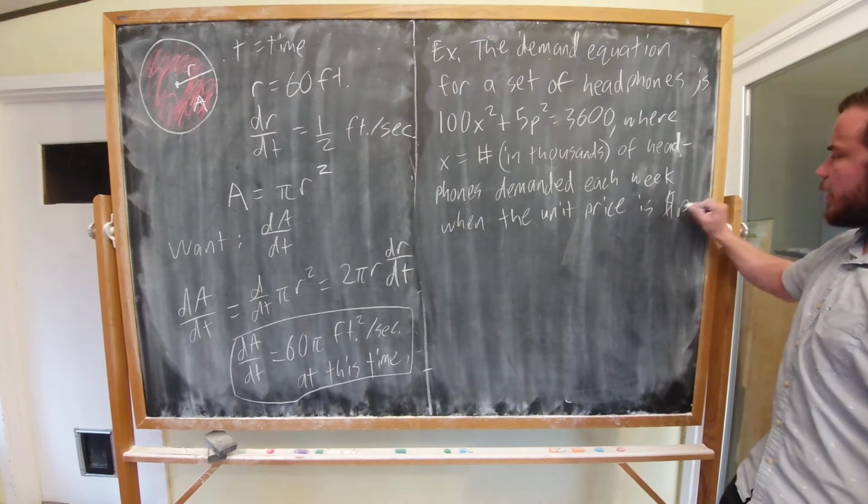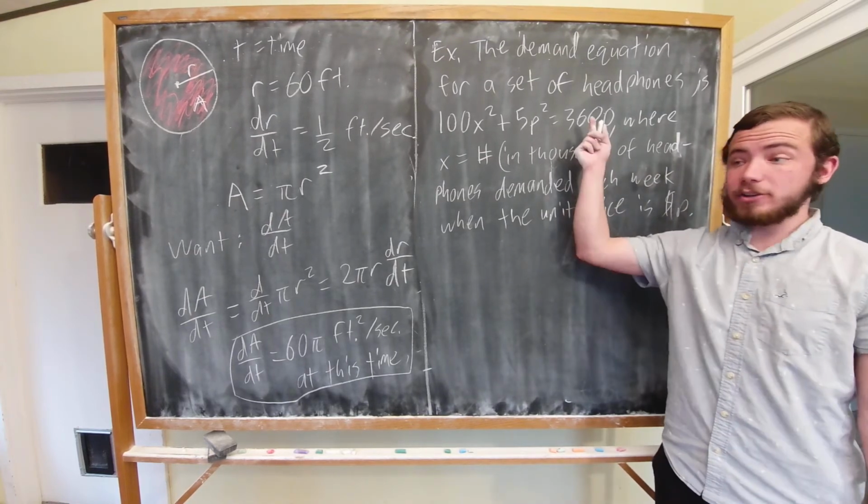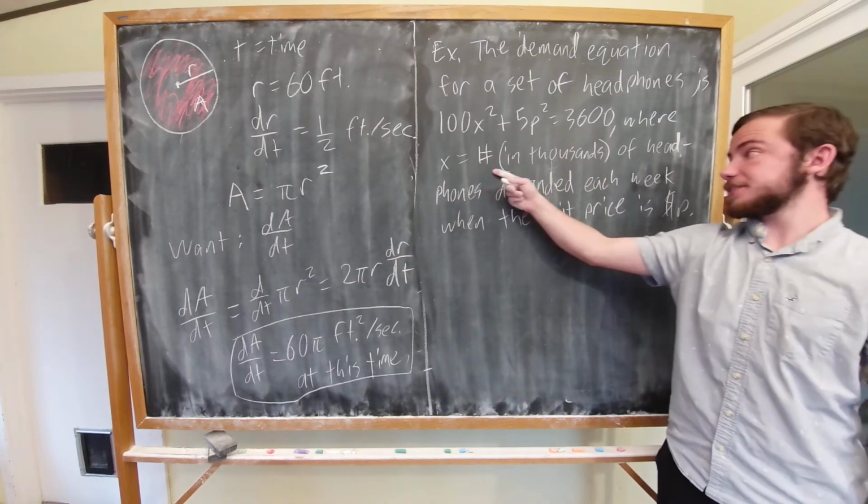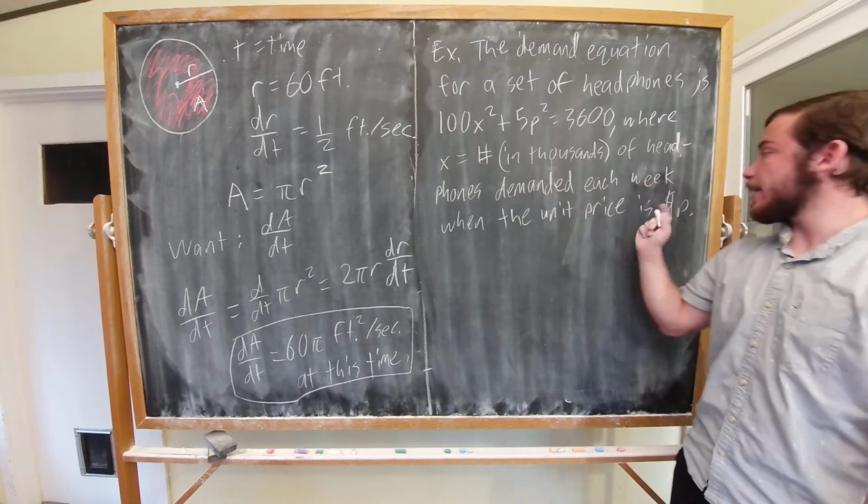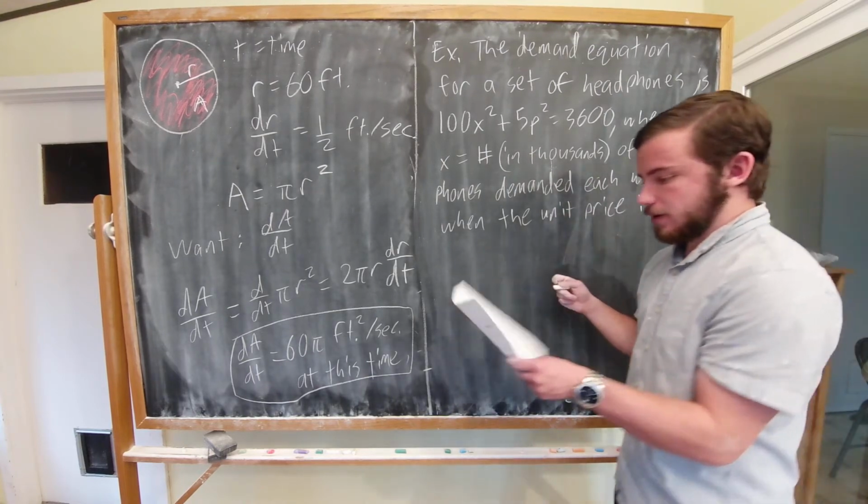Alright, so we've already got a pretty nice setup here. We have an equation. We know that our variables x and p stand for quantity demanded and unit price. Okay?